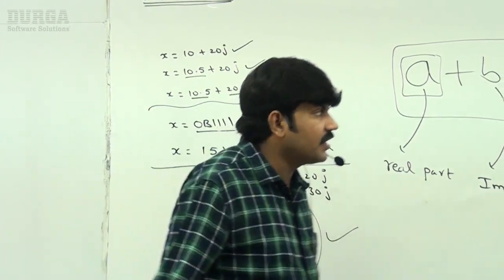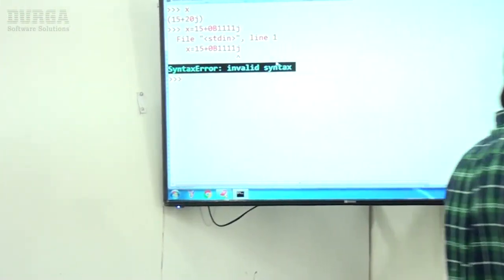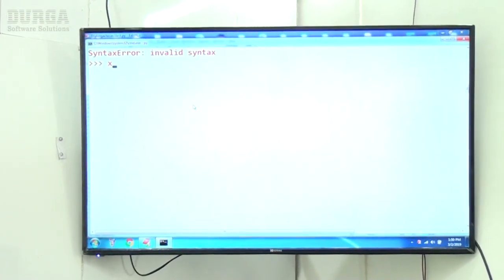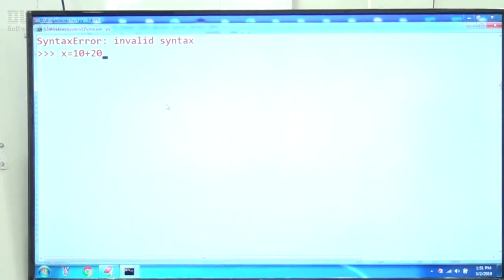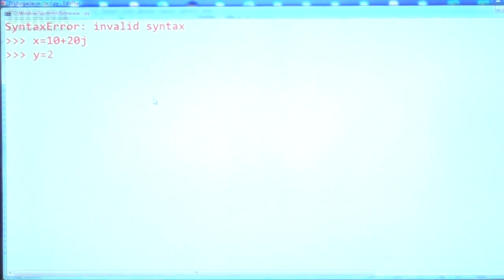Have a look once, sir. Suppose I am taking x is equal to 10 plus 20j. Next y is equal to 20 plus 30j. Now x plus y, what is the value? 30 plus 50j.